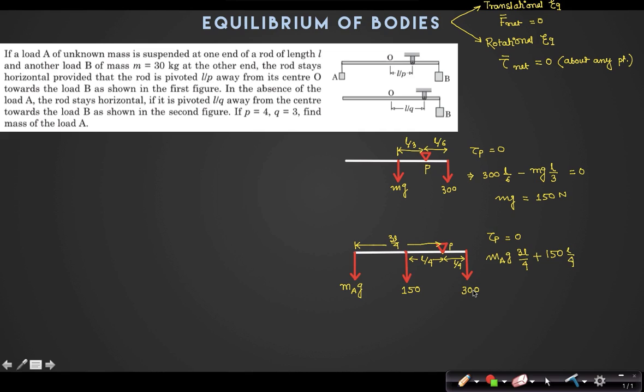And this 300 Newton into L by 4 going into the plane. So 300 into L by 4. Can I make the summation 0? L by 4 gets cancelled out. So 3 MAG is equal to 150. So MA is equal to 5 kg. That should be the answer of this question.